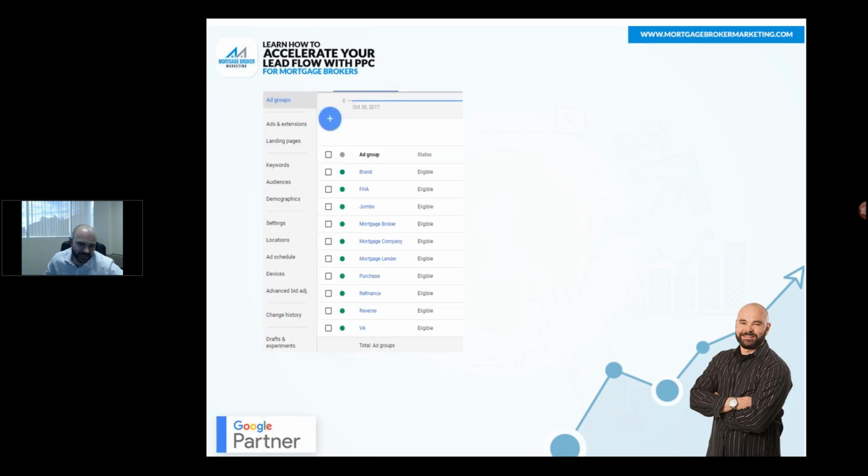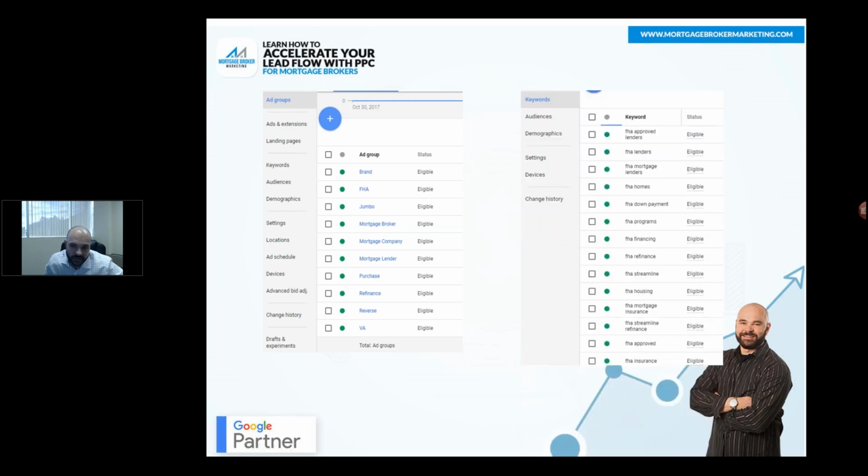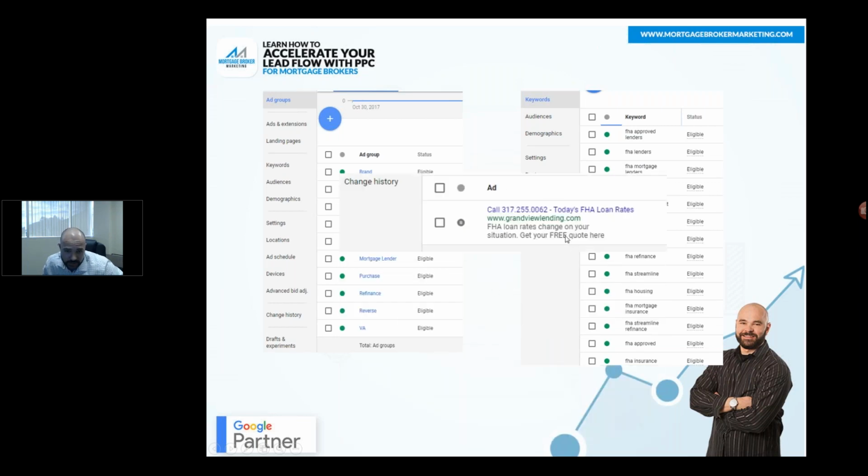Inside of your AdWords account, you would have a number of ad groups inside of your campaign: your brand campaign, your FHA, jumbo, mortgage broker, purchase, refinance, reverse. Then you would set up your keywords, and you would see your keywords listed in there, and they would get taken to an ad.